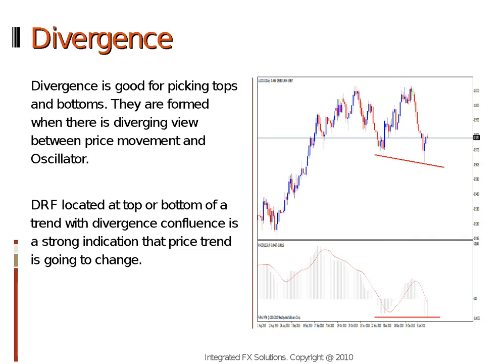So that gives us a point of interest to look at to see if we can get confluence of events to initiate a trade. And if we get a DRF at a point of divergence, then that piques our interest and we're looking to initiate a trade if we get other factors stacking up.